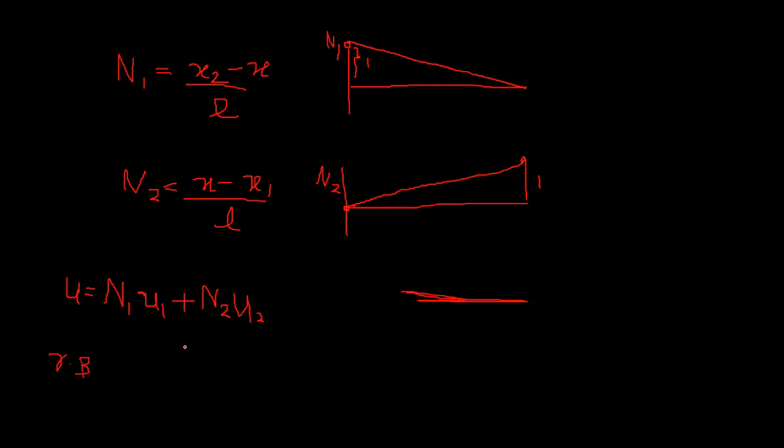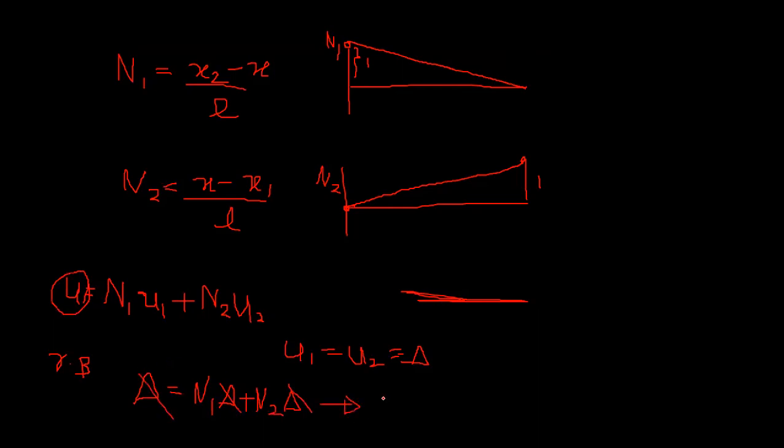So if it is a rigid body, your u1 is equal to u2, equal to, let's say, delta. So any displacement is also going to be delta at any point, right? So n1 delta plus n2 delta, delta is getting cancelled. This brings you an important property: n1 plus n2 is equal to 1 at any point.